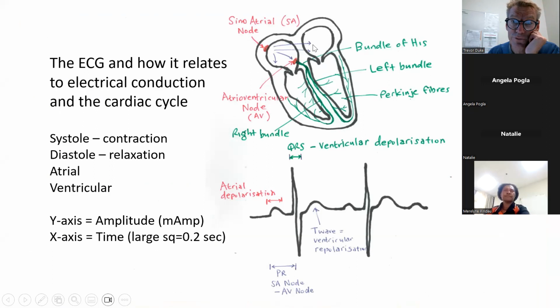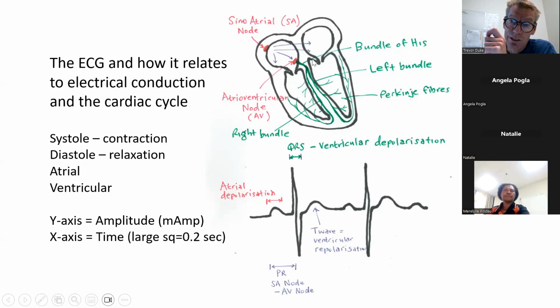It's hitting the AV node, stimulating it, and the electrical impulse then goes down the right and left bundle and into the Purkinje fibers. So it follows the normal path through the ventricle, but an abnormal path through the atrium, right?